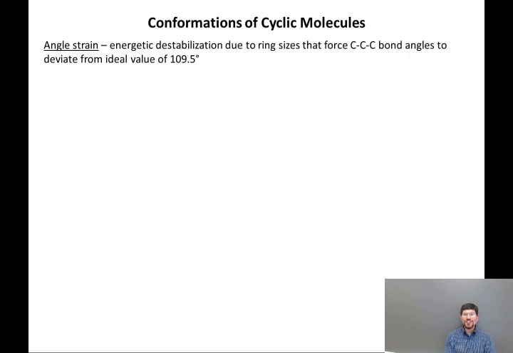As we're going to see, for a number of ring sizes, there is an energetic cost that has to be paid to have that ring size. And the term we use for that energetic cost is called angle strain. The greater the ring causes the angle to deviate from its ideal value of 109.5 degrees, the greater the angle strain.